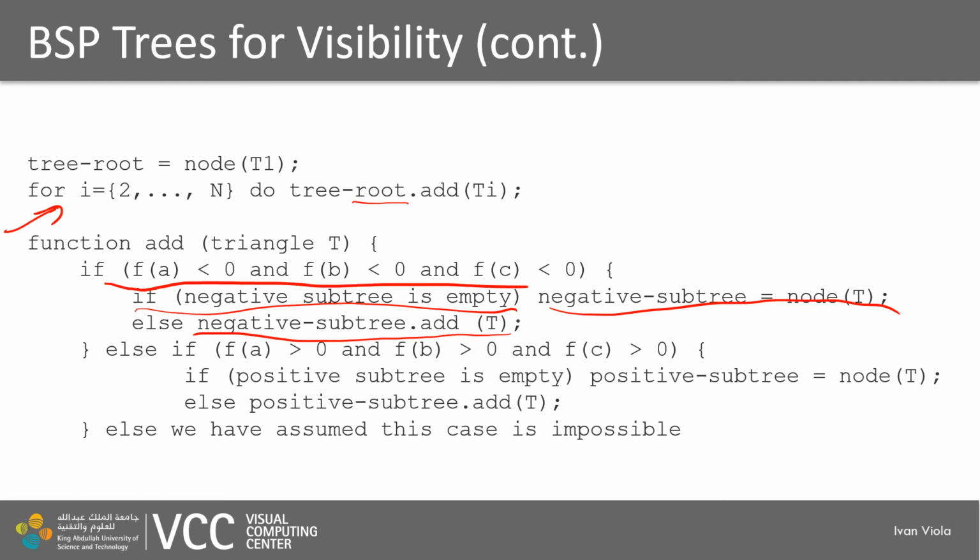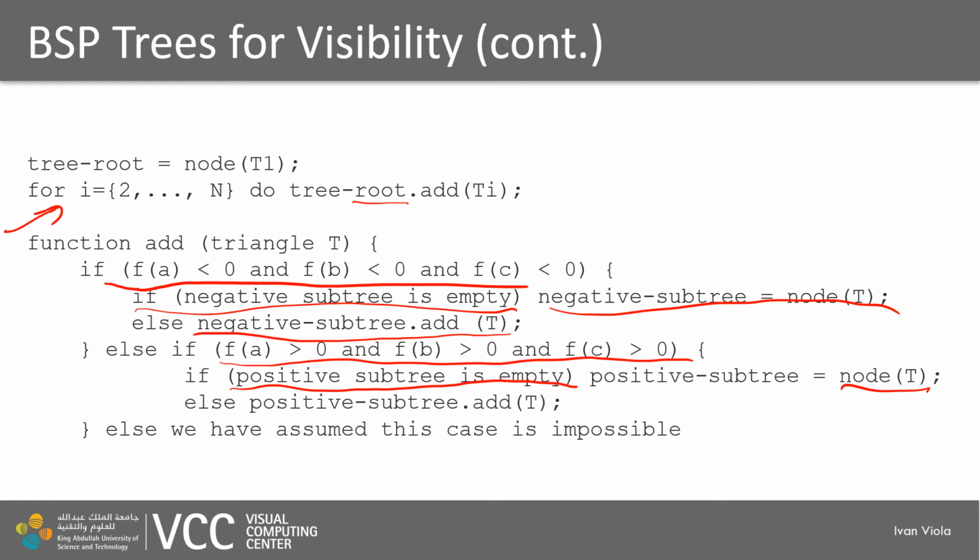And if all functional values are positive, then we are adding the triangle to the positive subtree, or we are defining it as the positive subtree if this was empty before.